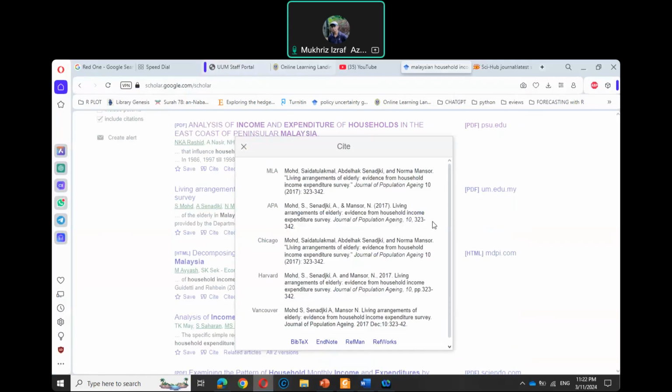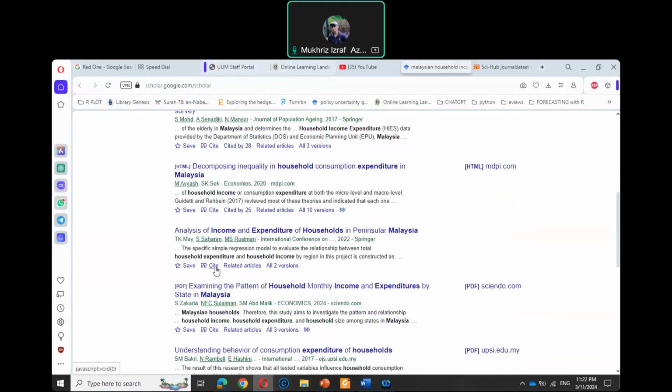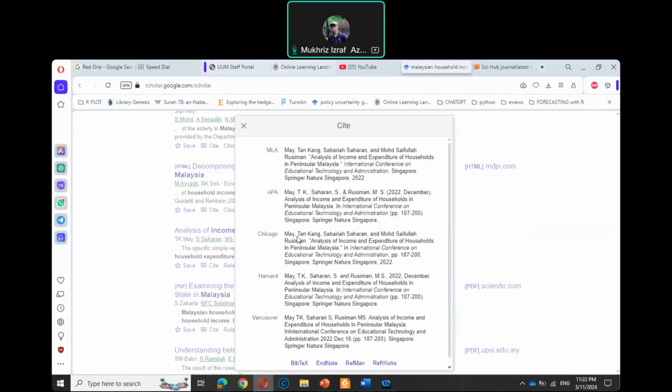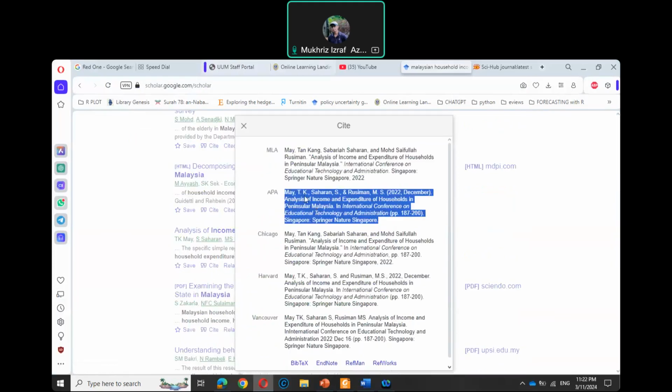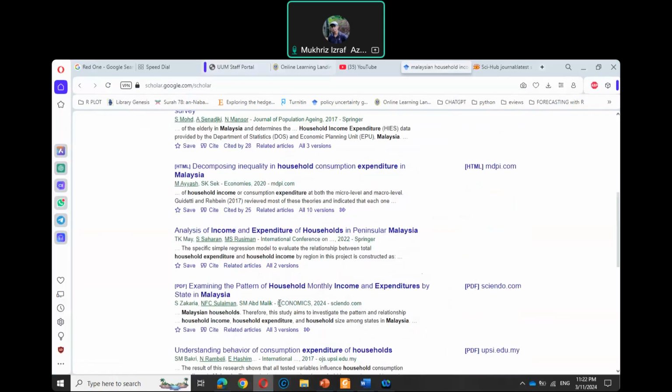Just any paper yang kamu rasa kamu nak pakai, but if you are unsure how should the author's name appear di dalam text, just copy and paste that thing in ChatGPT and tell GPT, come up with a short paragraph, and in that paragraph, I want you to cite this paper lah. Gunakan inilah. Let GPT do its magic lah.